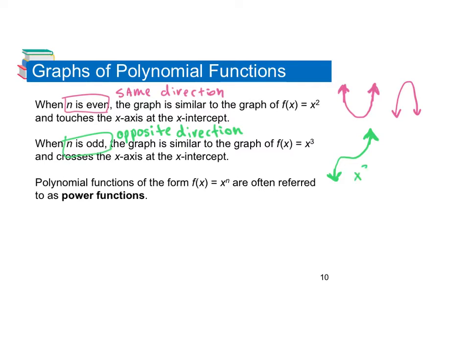If we look here, our graph is increasing, so that's how we can tell this is the positive x cubed. If we have a negative x cubed, it would go the other way. And we can see our slope here is decreasing, so this would be negative x cubed.